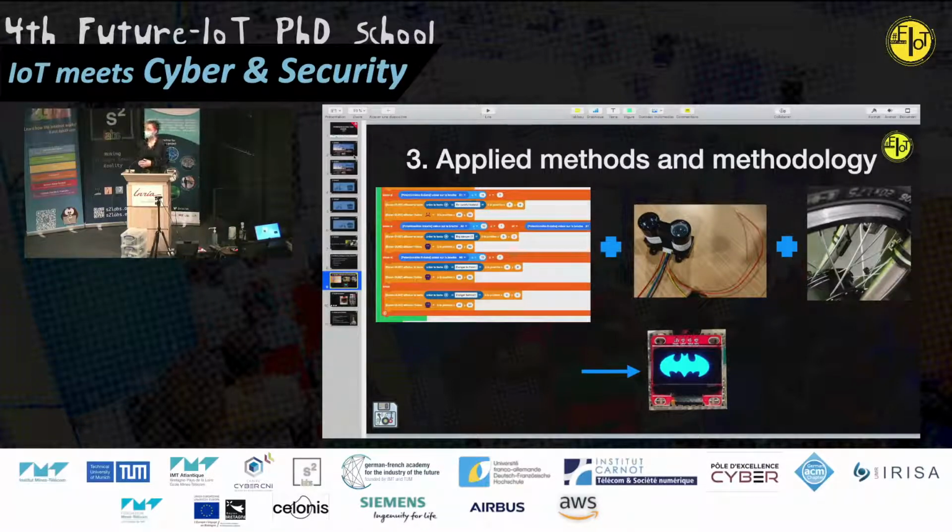So, for example, we decided that for 1 meter or 2 meters, if we have just 2 meters between the bicycle and another vehicle, it's very dangerous. So we can display on a little screen an information for the user that it's very dangerous and you have to be careful.